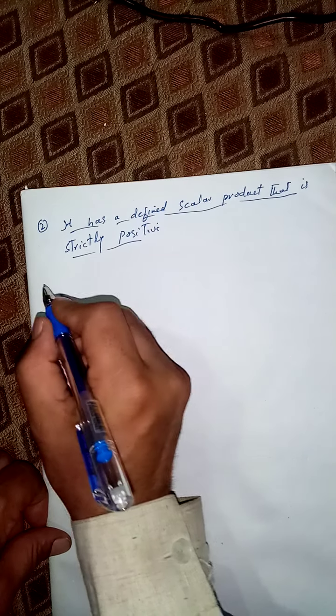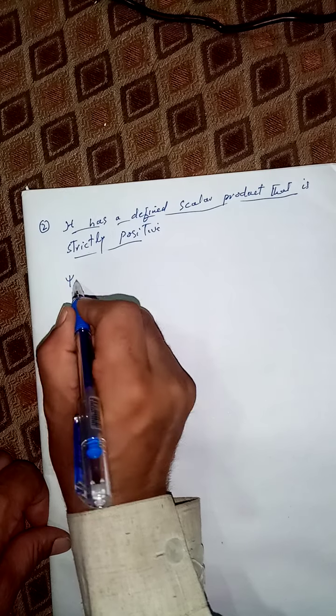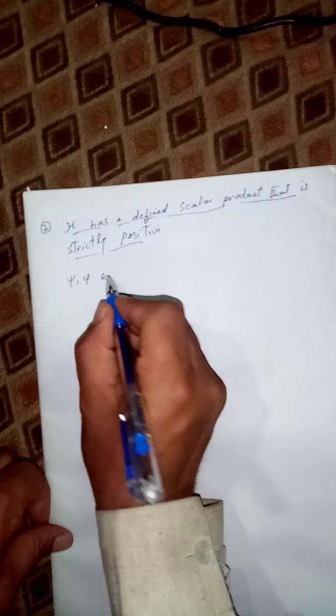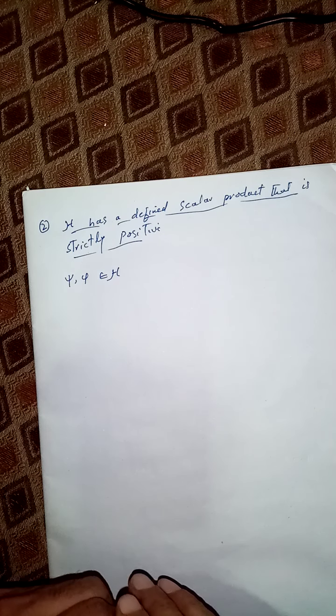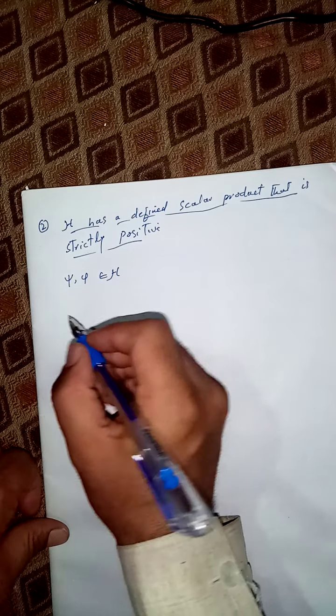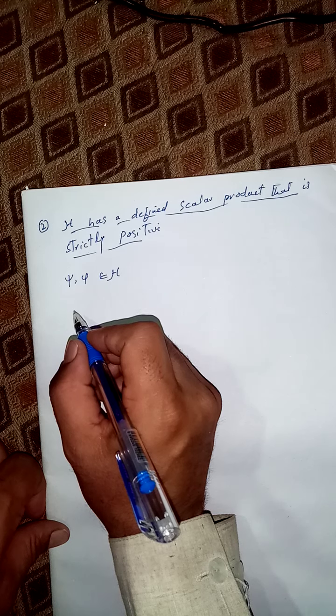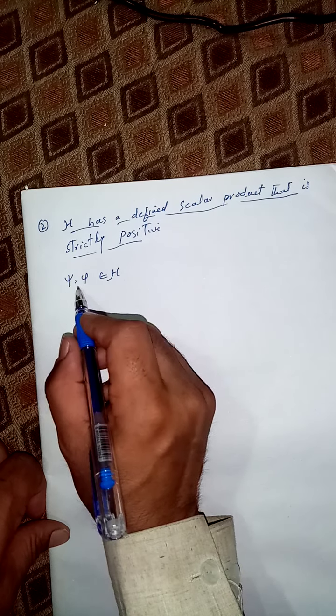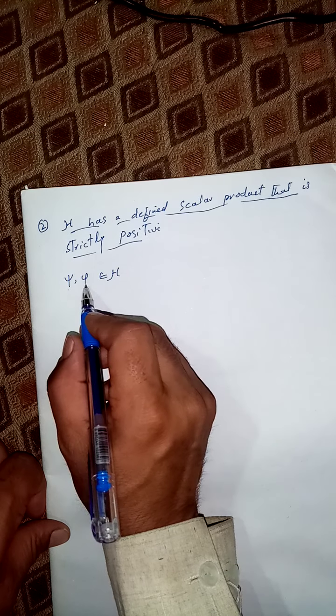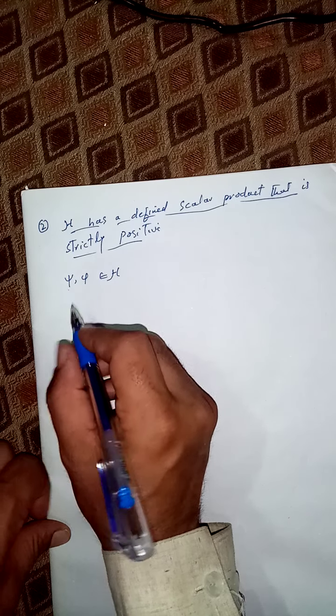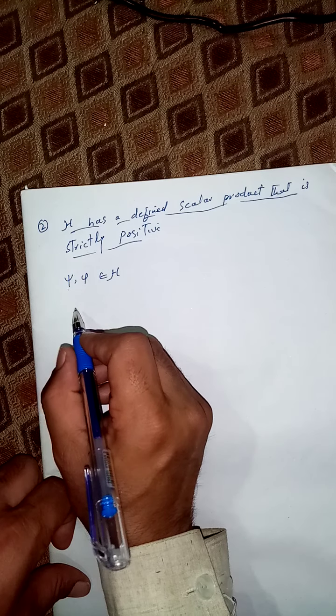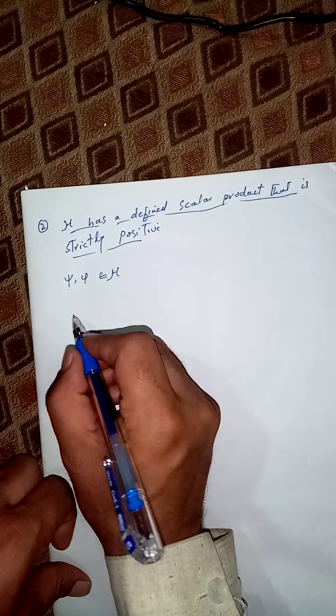If we have two functions that belong to the Hilbert space, suppose psi and phi are two functions that belong to the Hilbert space, then their scalar product, the scalar product of these two functions or these two elements of Hilbert space, is a complex number.